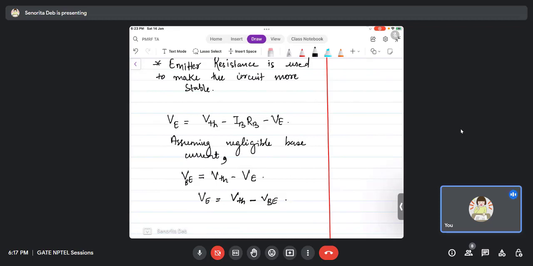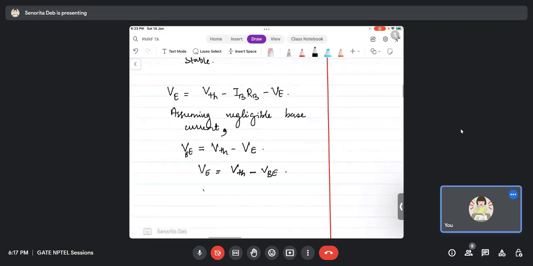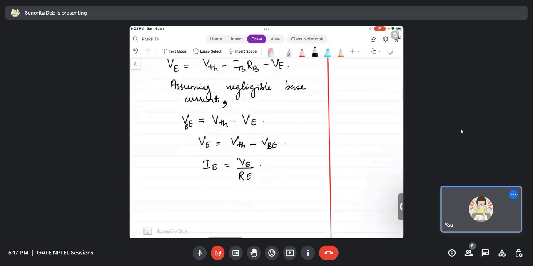So that 50 millivolts is now what is dissipating across VE. Okay. So now what is IE? IE will be nothing but VE by RE, right? So now VE I can write as 1 upon RE into VCC into R2 by R1 plus R2 minus VB.